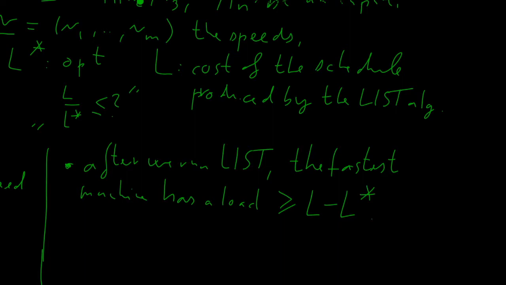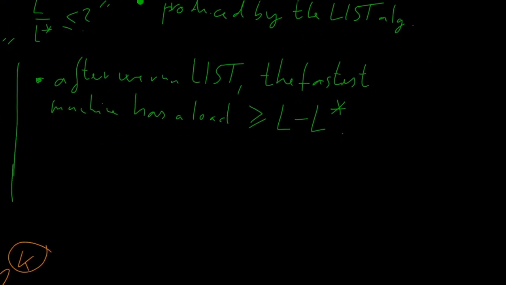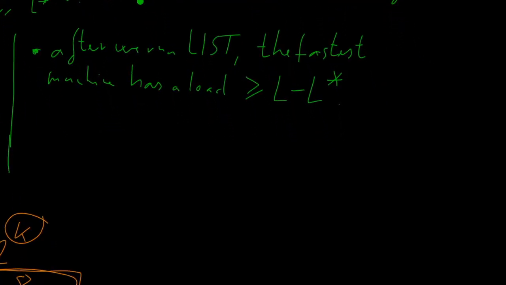We've seen in the previous examples that the fastest machine gets a quite large number of jobs. Now it's not always the case that the fastest machine has the largest load. But of course, this lemma says that it will have quite a large load all the time. So a lower bound for the load.